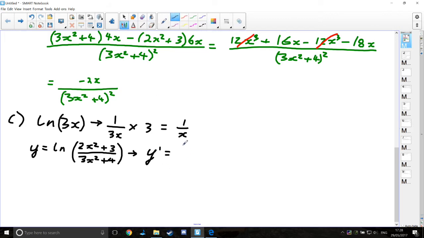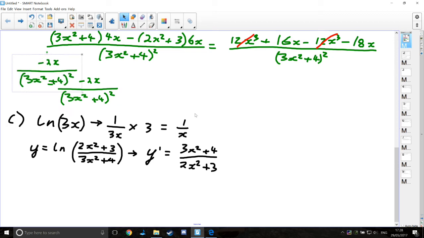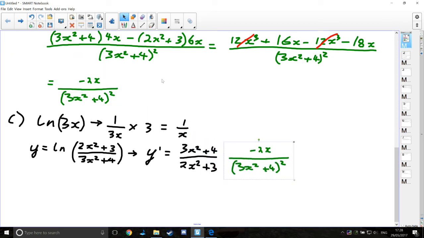I'm going to just write (3x squared plus 4) over (2x squared plus 3). So that's the 1 over part here. I now need to multiply it by the derivative of the inner part, which I just so happen to have here. So we're going to take this guy and multiply those two together.